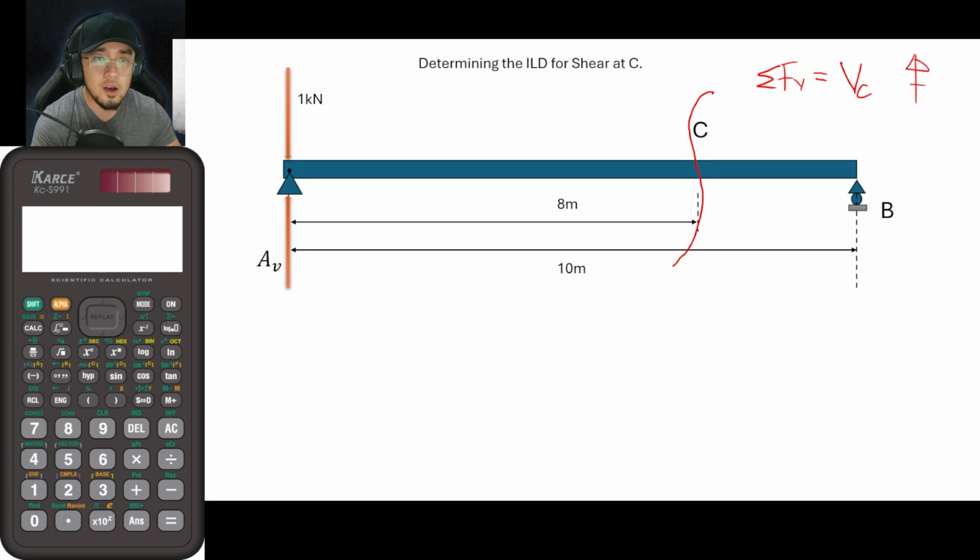Again, we will be cutting a section about the point C. Then we will be choosing one side, and in our analysis, we will be choosing the left side.